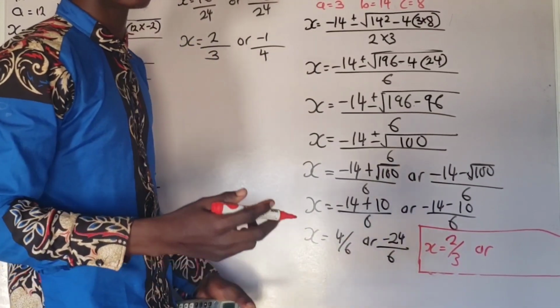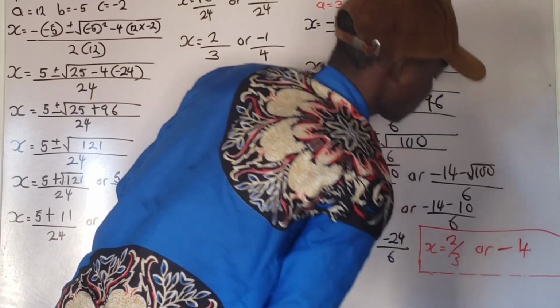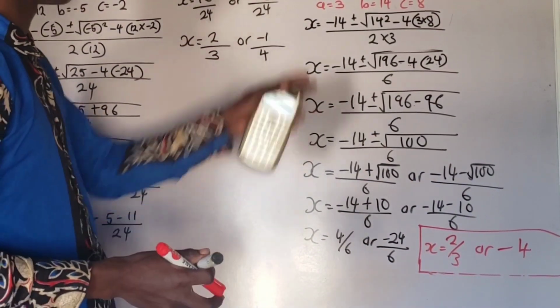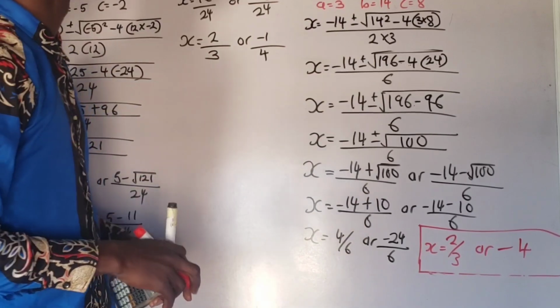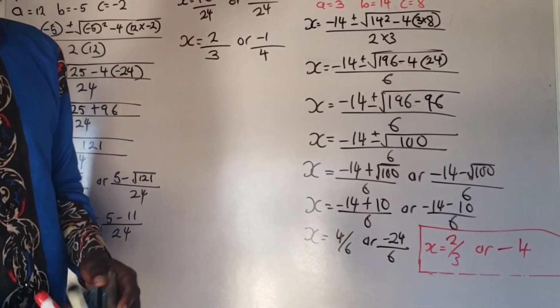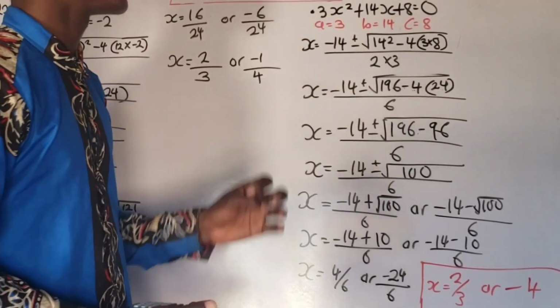What's the answer? That is negative 4. That is the value of x that satisfies the quadratic equation 3x squared plus 14x plus 8 equals 0. By substituting these values into this quadratic equation, we're going to arrive at 0.